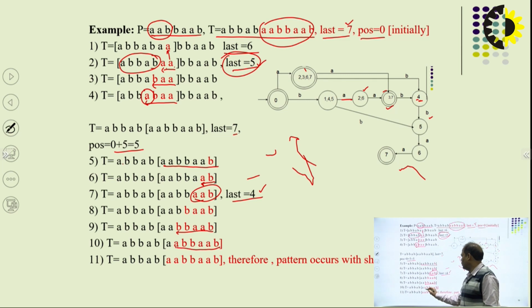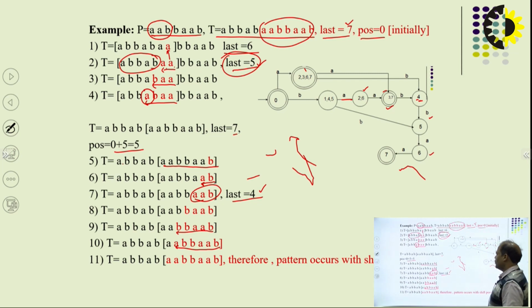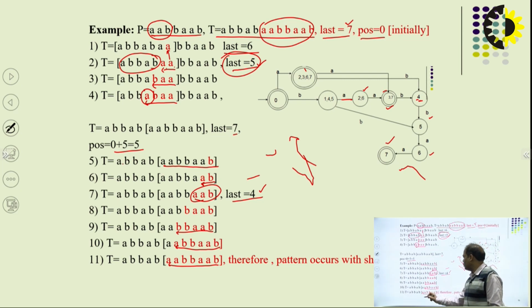Then again look at here, BAABBA, not final, of course. Then if you are reaching this and the entire window is finished, like see BAA, BBAA, yes, you are reaching the final state and you are exhausted with the complete window, right?